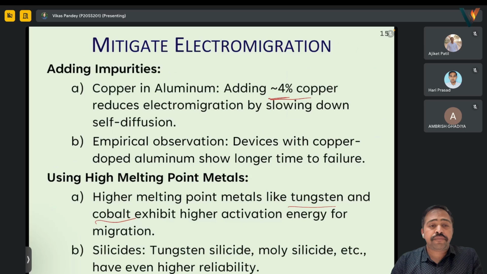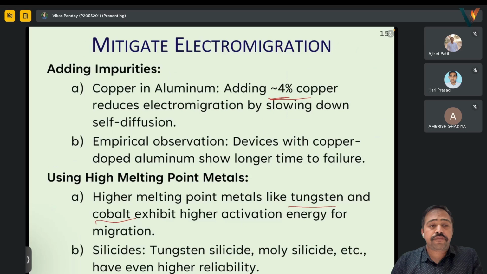Electronics we see are based on aluminum, but as we go into smaller and good quality applications, electromigration will lead to problems. Then resistivity is limited. When we have smaller dimensions, many properties of materials change, and aluminum resistivity gets limited, and it cannot handle the speed and performance that we want now.